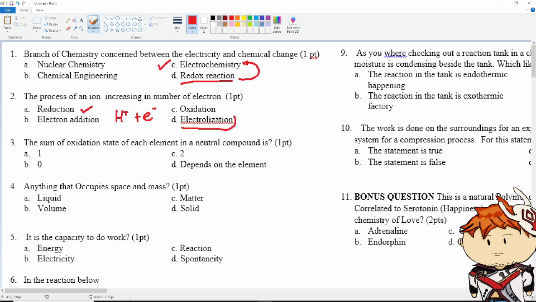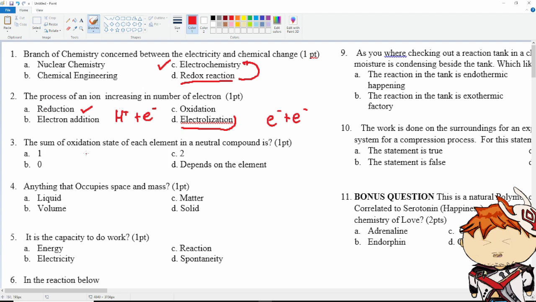See, it's all red, so it means there's no such word. Oxidation is when you increase ions. Electron addition is basically it, but it's not a process. So the process is reduction.